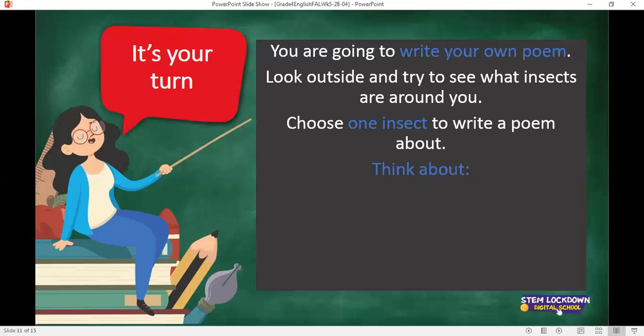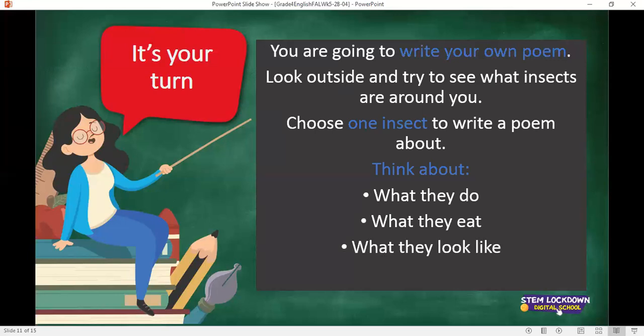When you are writing your poem, I want you to think about the following to help you to write. I want you to think about what they do, what they eat, and what they look like. So you're going to have to study your insect a little bit and see what they do, what they eat, and what they look like.